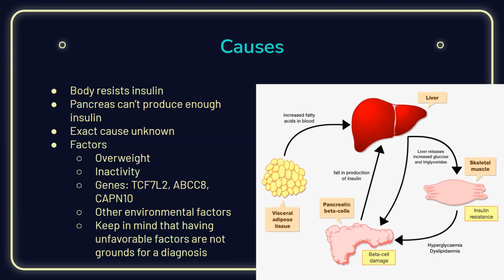So, cause beta cell damage, and so these beta cells in the pancreas aren't going to be able to produce insulin the way they should.